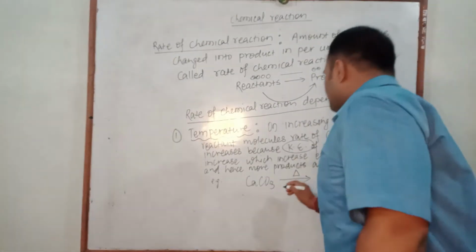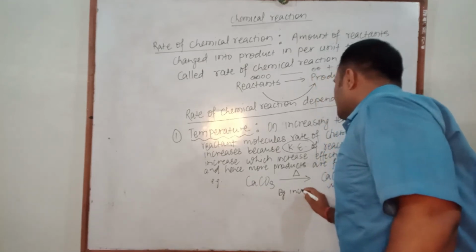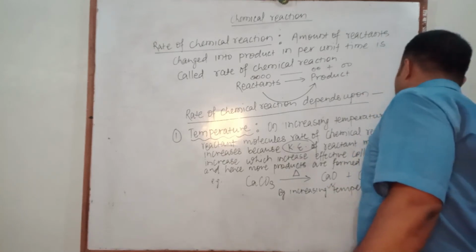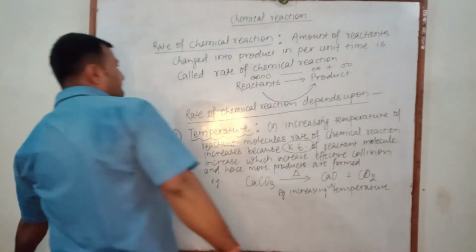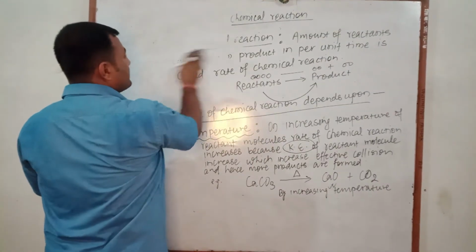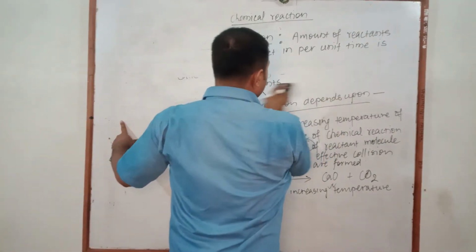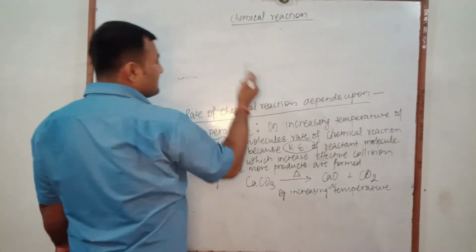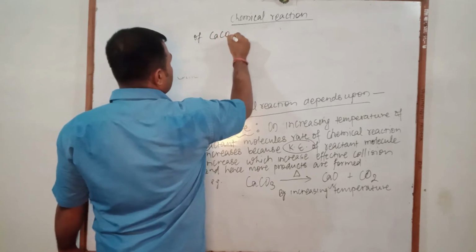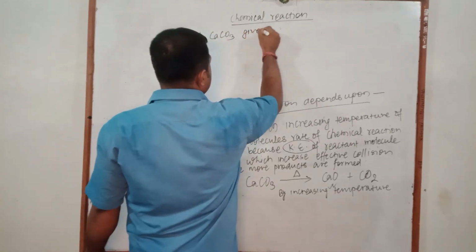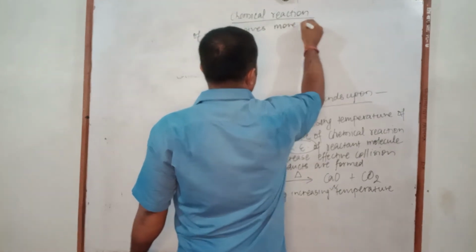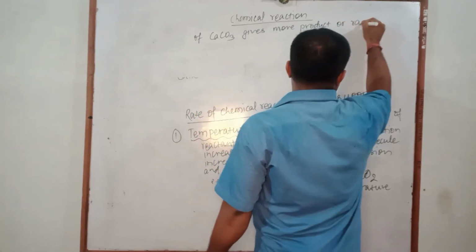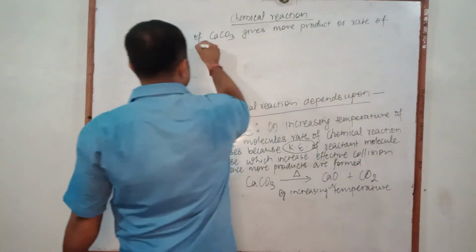And therefore we can write: by increasing the temperature of calcium carbonate in this reaction, the rate of chemical reaction increases, or more products are formed.